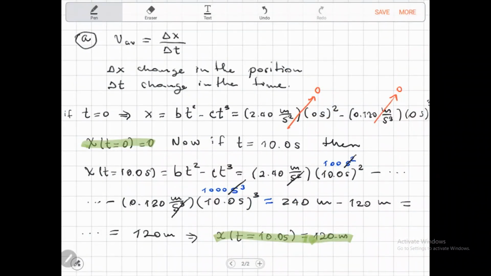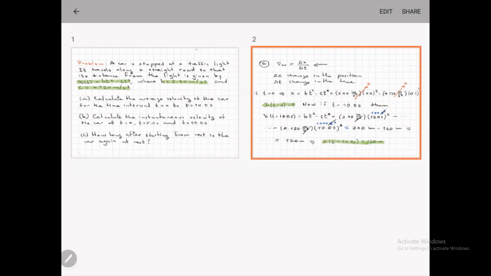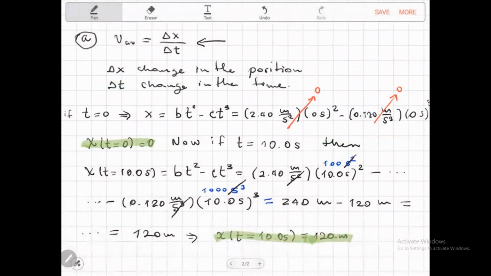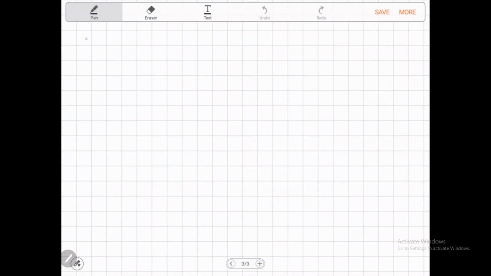We use this formula here to calculate the average velocity. So the average velocity is equal to delta x divided by delta t.